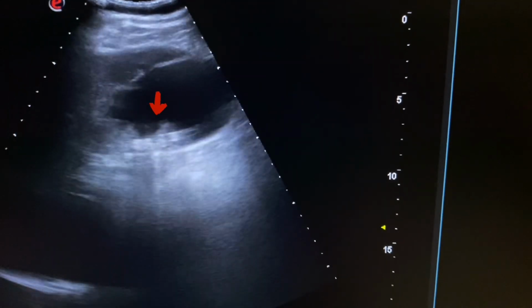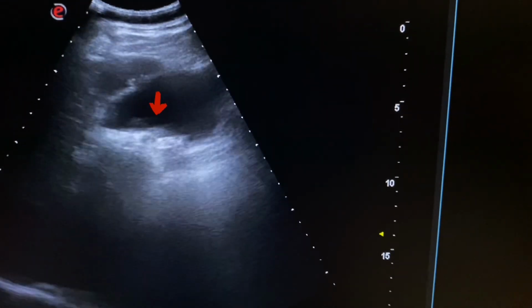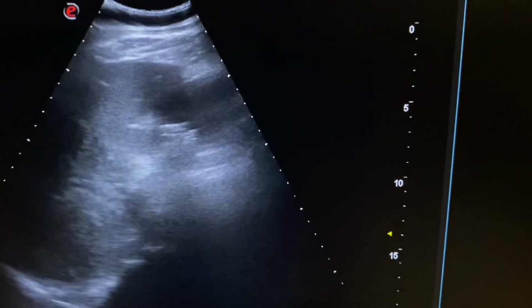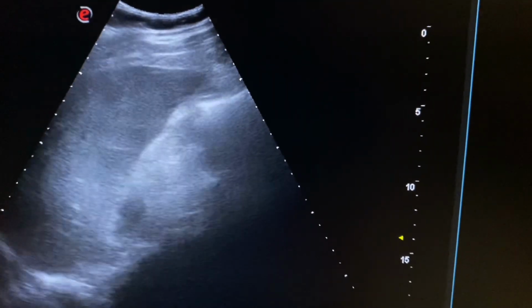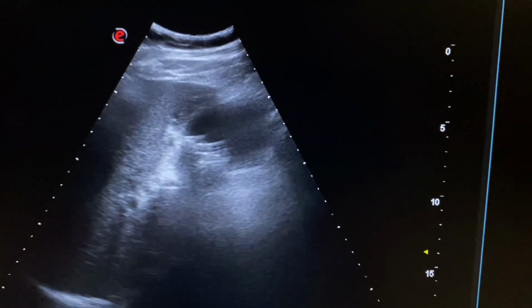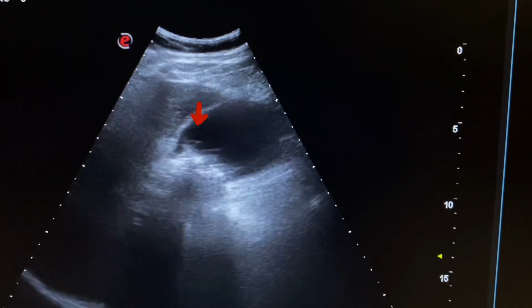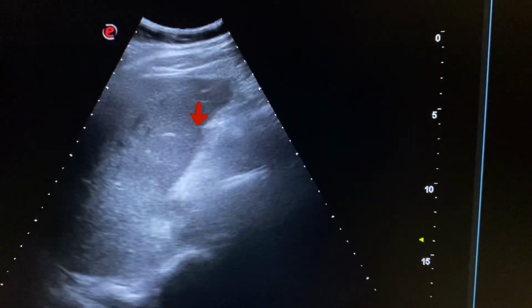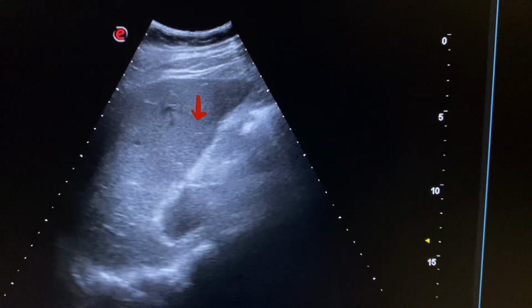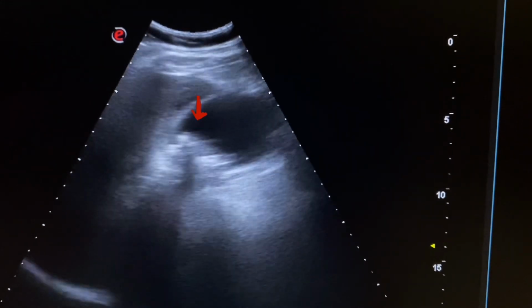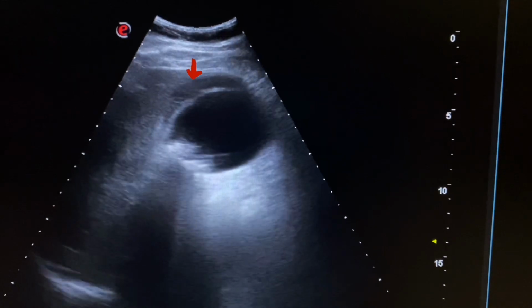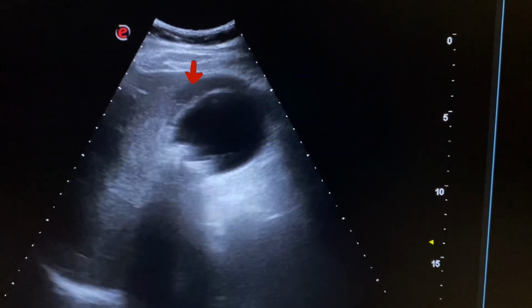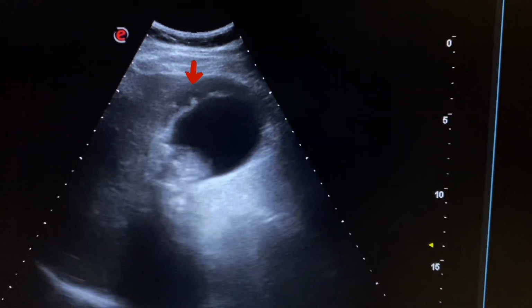Now here we see the multiple stones in the gallbladder. Here we also see the pericholecystic collection.